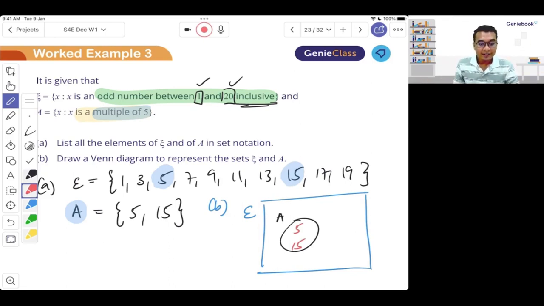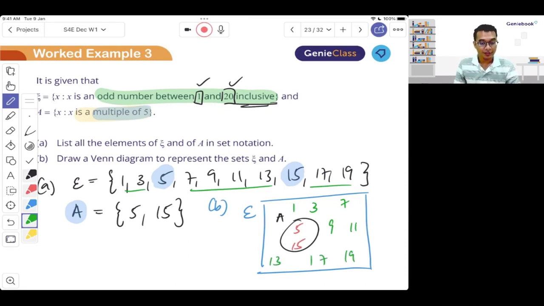Now, after that, there are elements outside of set A, right? That's still in the universal set. So I'm just going to draw them within the rectangle, but make sure it's outside. But again, make sure you draw them distinctly so that it does not look like the same element.